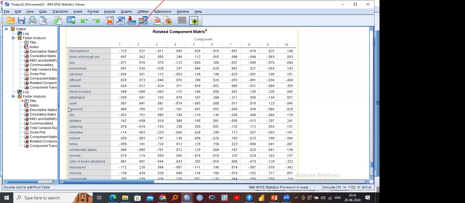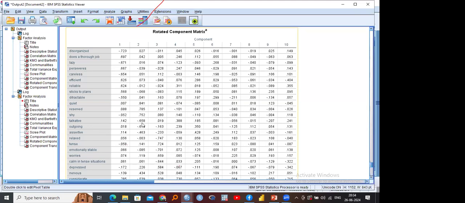So on the basis of these variables coming into the second factor, you can name it. You can give it any name, reserved, talkative, so naming a factor is purely the researcher's choice. The variables that come together, we give them a name together.